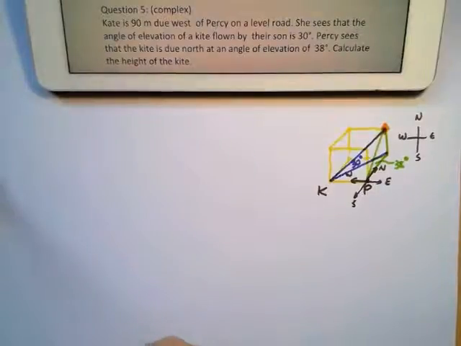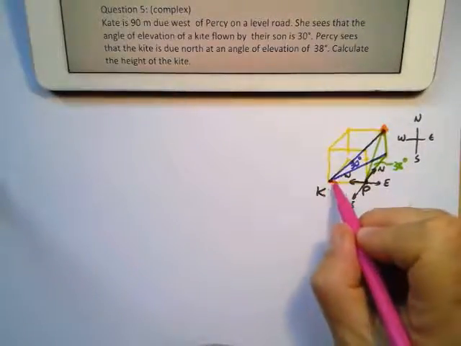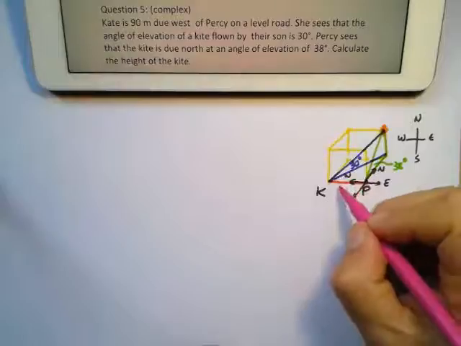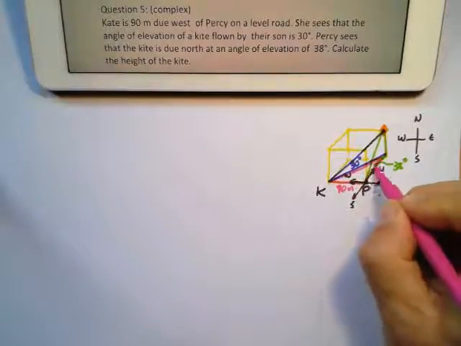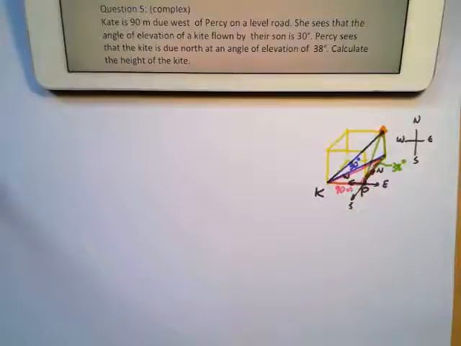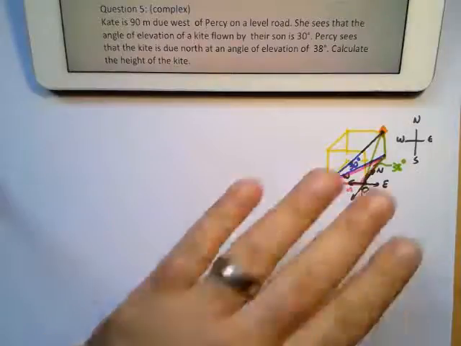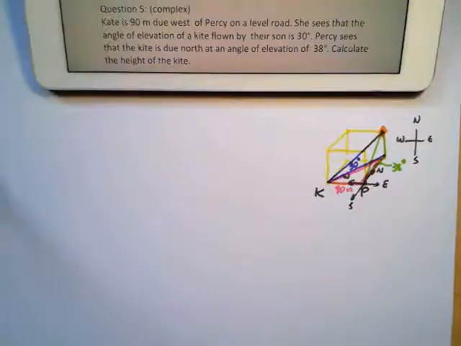We know that Kate and Percy were 90 meters apart. So we've got three different triangles that I'm working with. I'm going to redraw that sketch a little bit bigger here, but that's how my sketch is going to look.